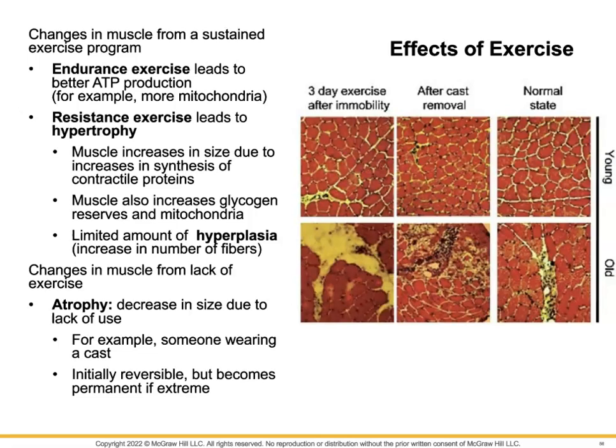Now, that is something that can initially be reversible, but if allowed to continue, it can become permanent, especially if it is an extreme case where there is a great number of atrophied tissue.